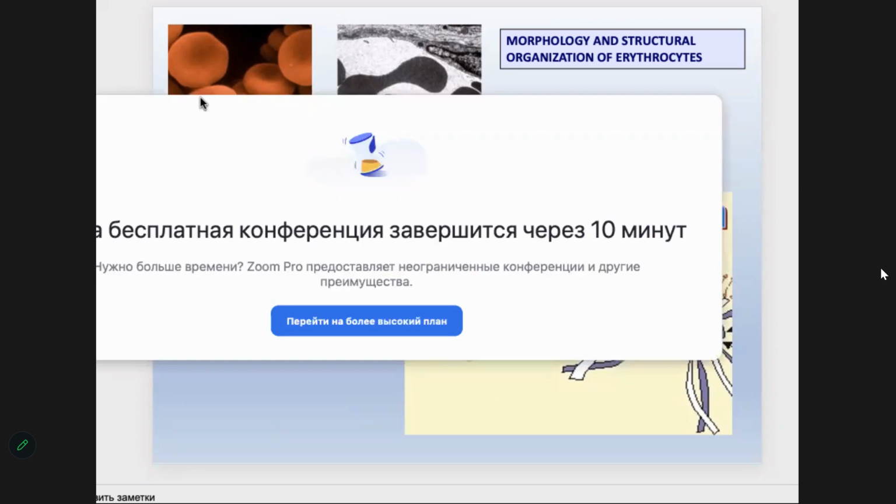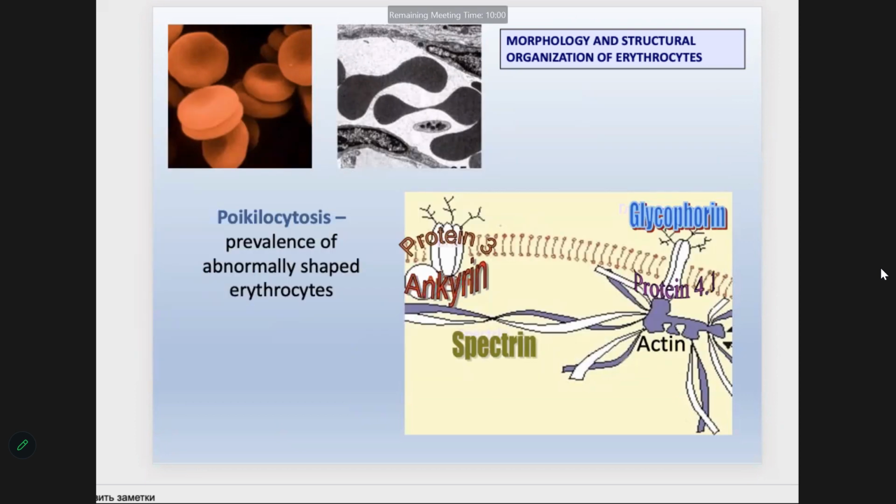It's possible because the plasmalemma, the cell membrane of erythrocytes, has flexibility and strength. So that is why erythrocytes can change their shape.